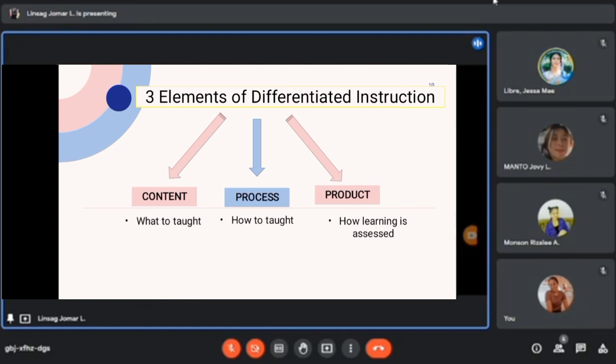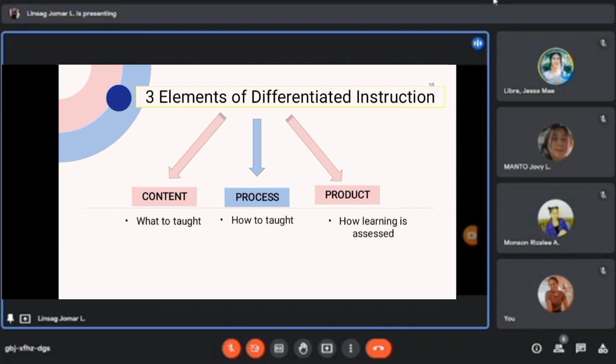Now, to differentiate product, you can allow students to help design products around learning goals and intentions. Encourage students to express what they have learned in varied ways. Allow for varied working arrangements, alone or with a group.